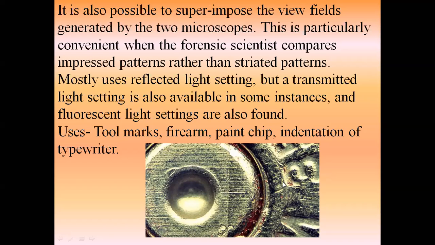So if you want to superimpose or bring the image from this area over this, and if it is exactly 100% matching, that means the diameter is exactly matching and the depression is also matching, that means we have the same common origin. So if we have to compare a striated impression, the normal comparison microscope we can use. If we have to use the impressed pattern, we will need the high-end microscope.